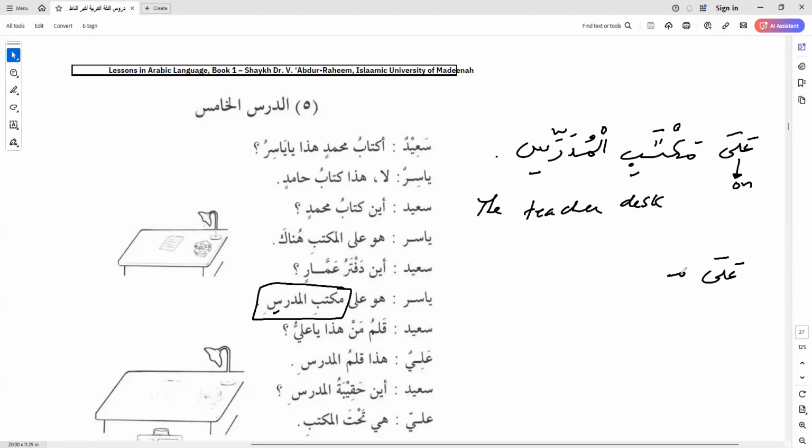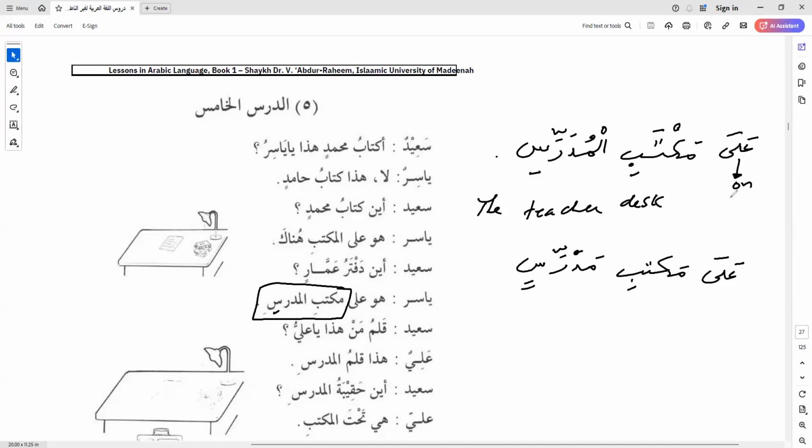Ala, pay attention to the vowels. Ala maktabi, right? Mudarrisin. This time I'm going to say mudarrisin. Ala maktabi mudarrisin.